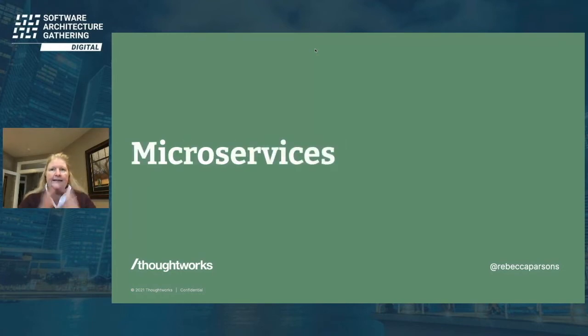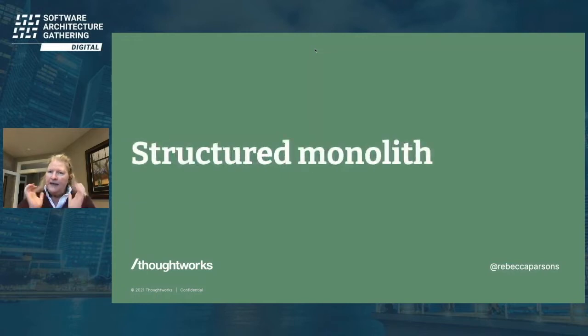As I said, microservices in many ways represents kind of the pinnacle of evolutionary architecture because they are separately deployable, because they are independent processes. You can much more readily change something in one microservice, and assuming you've structured your boundaries correctly, you will be minimizing the blast radius of any change that you are making. But in many ways outside of deployment, a structured monolith is really just as evolvable.